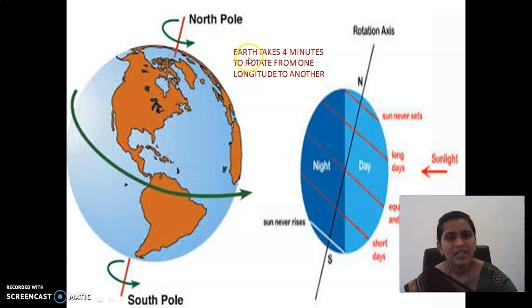Here we can see that the earth takes 4 minutes to rotate from one longitude to another. So longitude is very important to calculate time and date. Remember, longitude is very important to calculate date and even time. So here, earth takes 4 minutes to rotate from one longitude to another longitude.